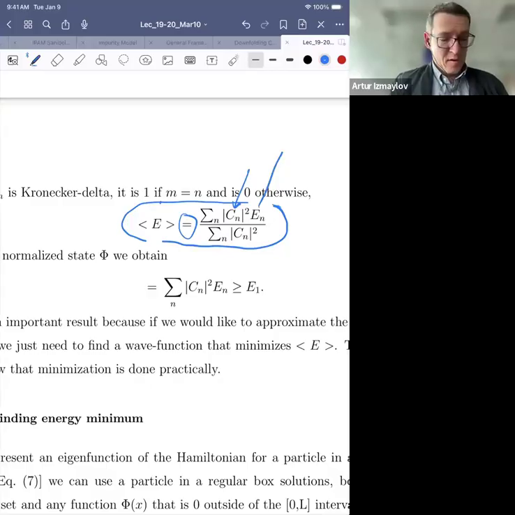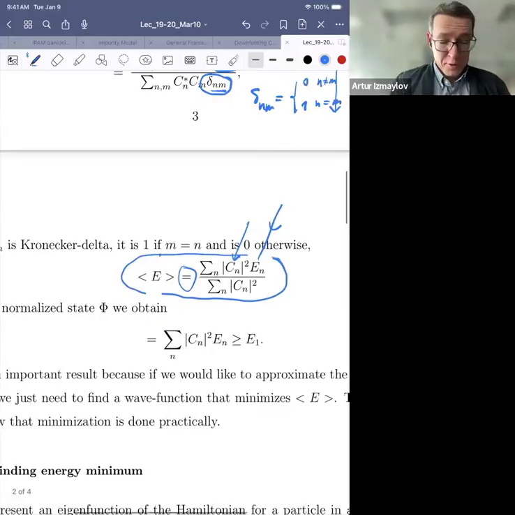Note that all this derivation does not require us to know what these functions are. And this phi function is also completely arbitrary. So the beauty of this derivation is that we don't need to know all these functions. We still can write that average energy will be equal to this expression. And this is similar to what we did before for the measurement problem, essentially.